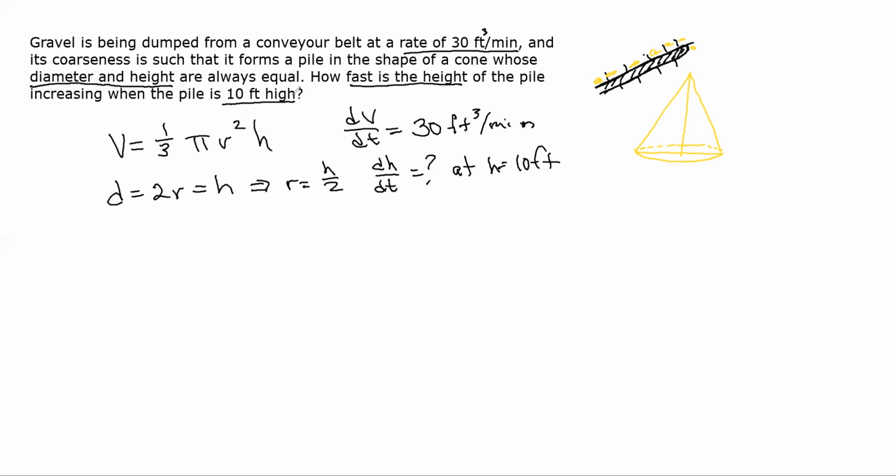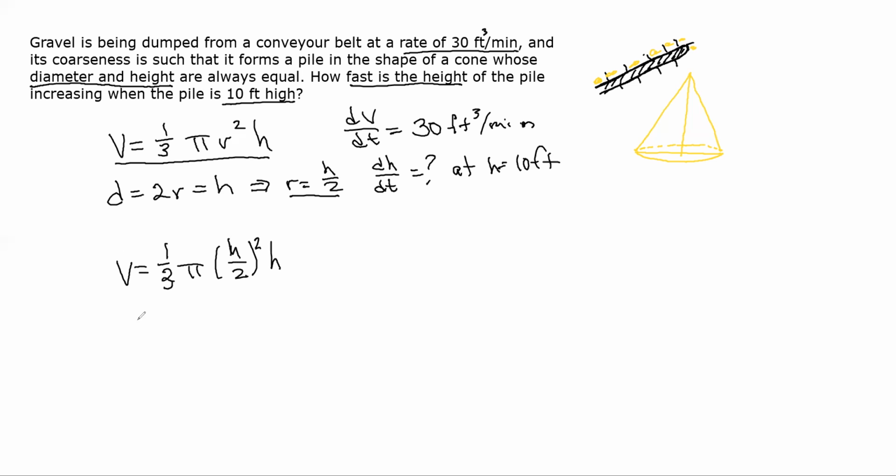So let us begin by first replacing the r in our volume formula with this new h over 2. And this is so we can get our function of t for our volume, all with respect to one other unknown variable, in this case our h.